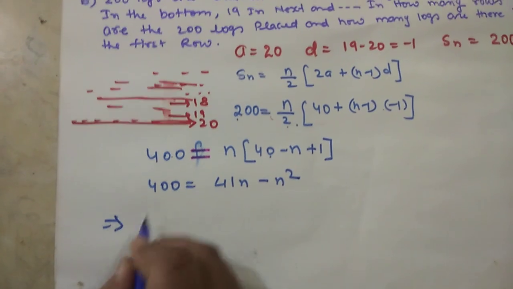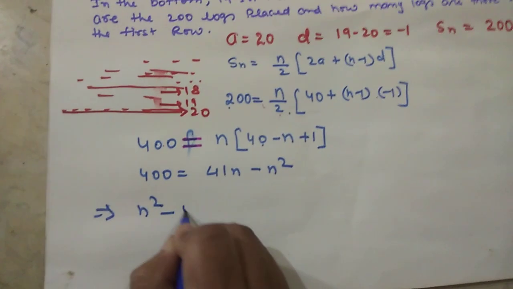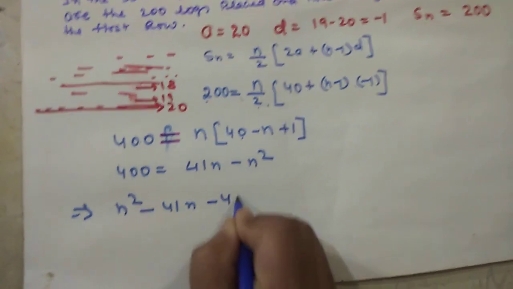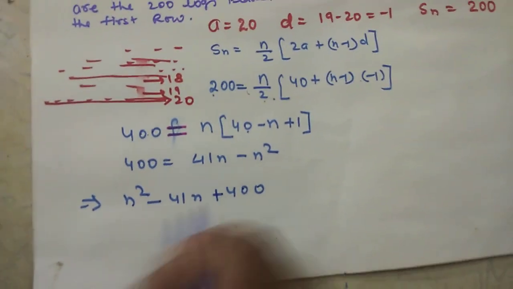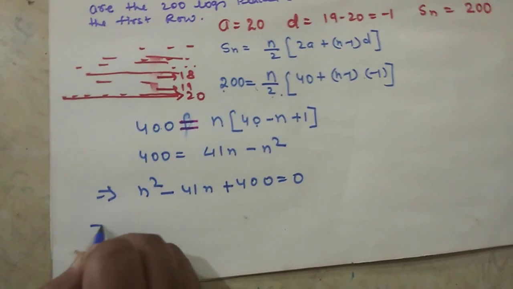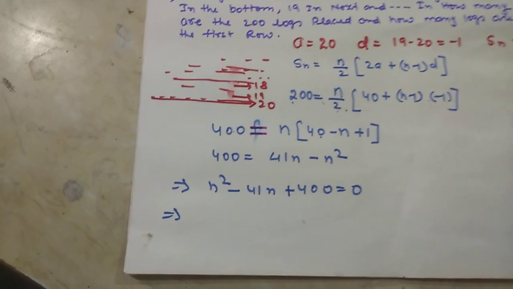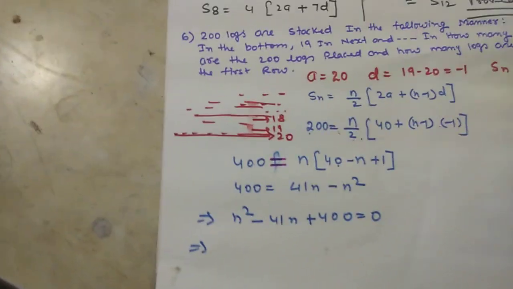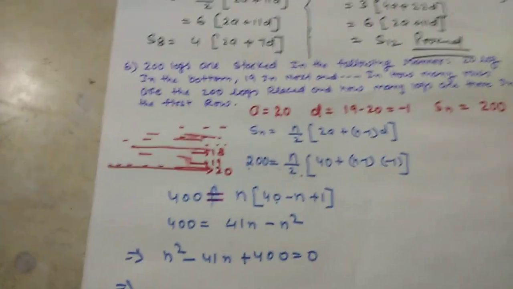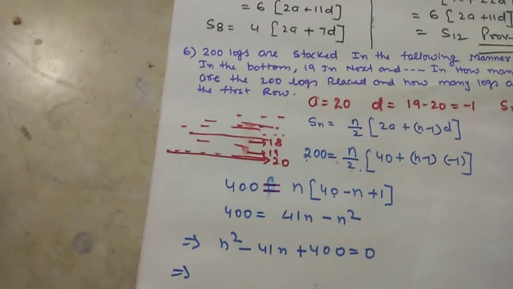So here n square minus 41n plus 400 is equal to 0. Now if you have any confusion on how to do the middle term, go and see the factorization video already posted. Yesterday I posted it, and I told you this will be very helpful in class 9th and 10th.